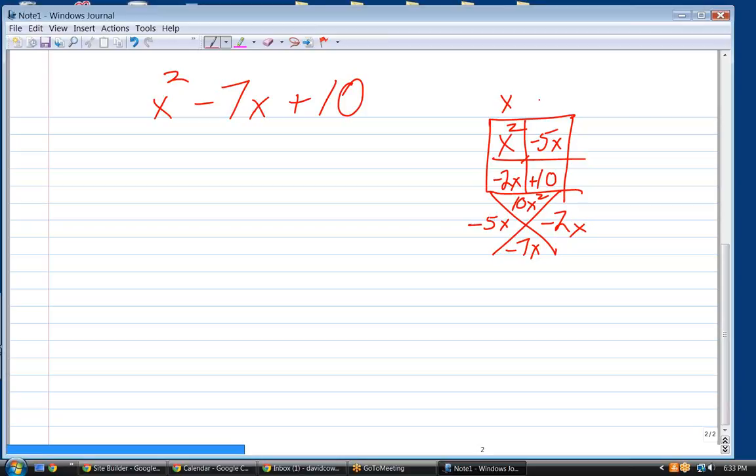Yeah, but it's actually a negative 5 because once you multiply it together, you get that. Okay. And then on the left-hand side of the box, the x squared and the negative 5x, they both have an x in common. And then right below that, you'd write negative 2 because that's what the negative 2x and 10 have in common. So that gives me my answers. Yeah. Okay.